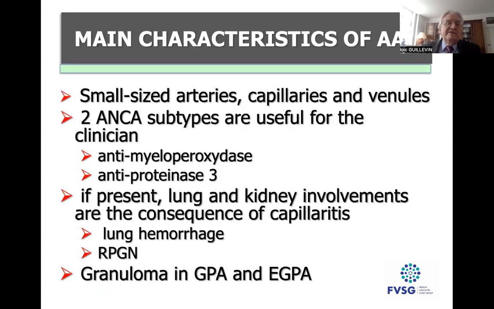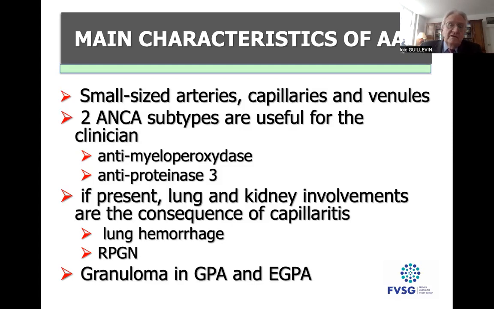The main characteristics of this vasculitis are shown on this slide. They affect small-sized arteries, capillaries, and venules. There are two ANCA subtypes which are useful for the clinician, which are the anti-myeloperoxidase antibody and the anti-proteinase 3 antibody.